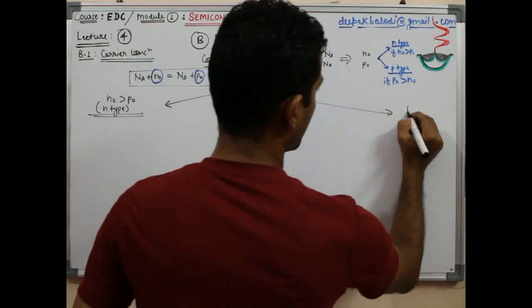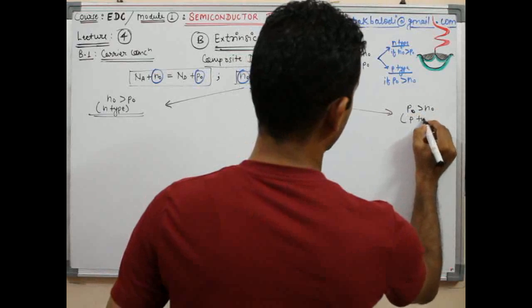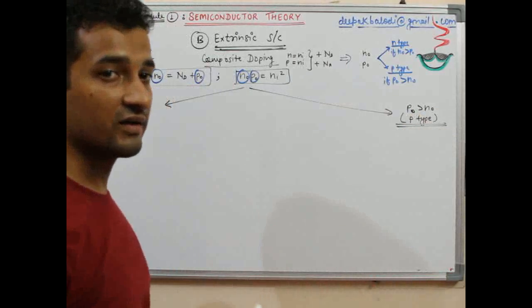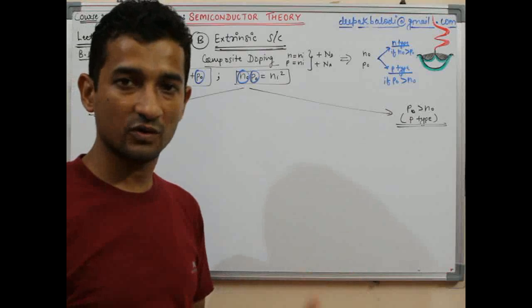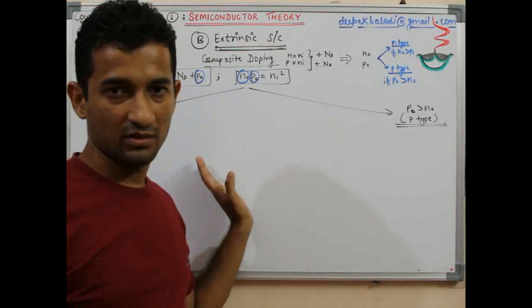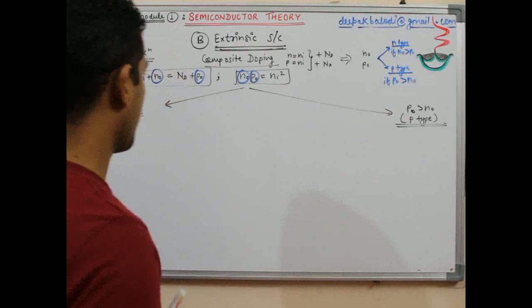Or if P0 happens to be greater than N0, then it becomes P-type. Although in the starting we do not know this, which concentration is going to happen, because that's what we are trying to find. So we can proceed in any of the ways. So both the processes are equally similar.